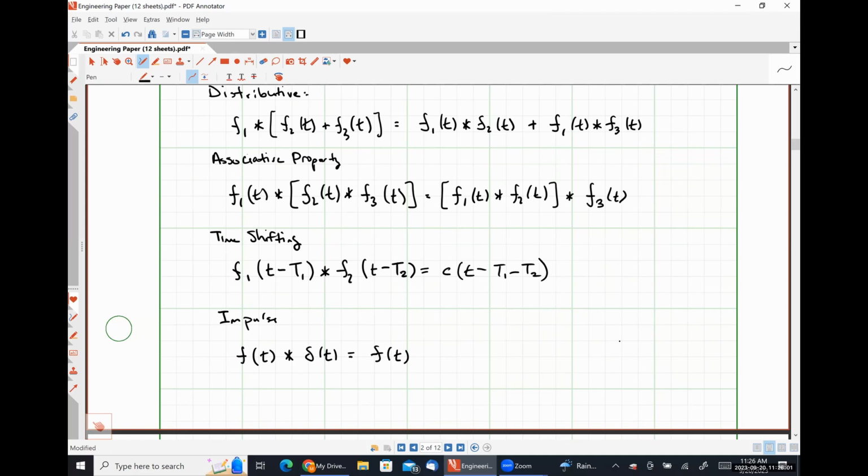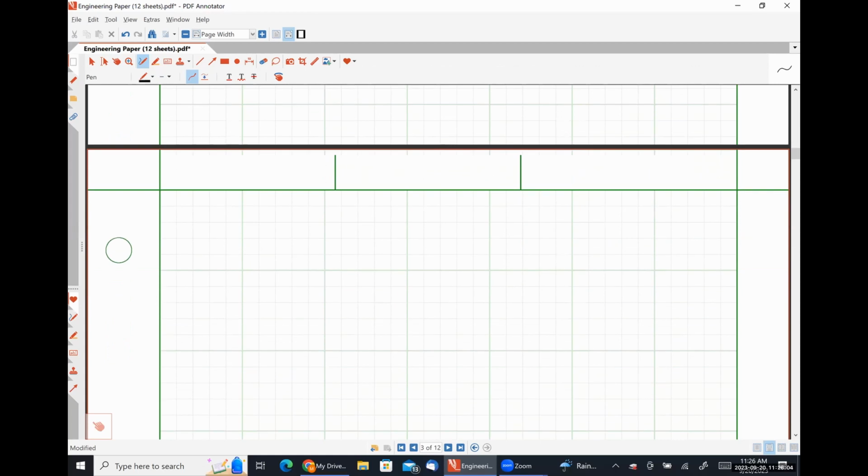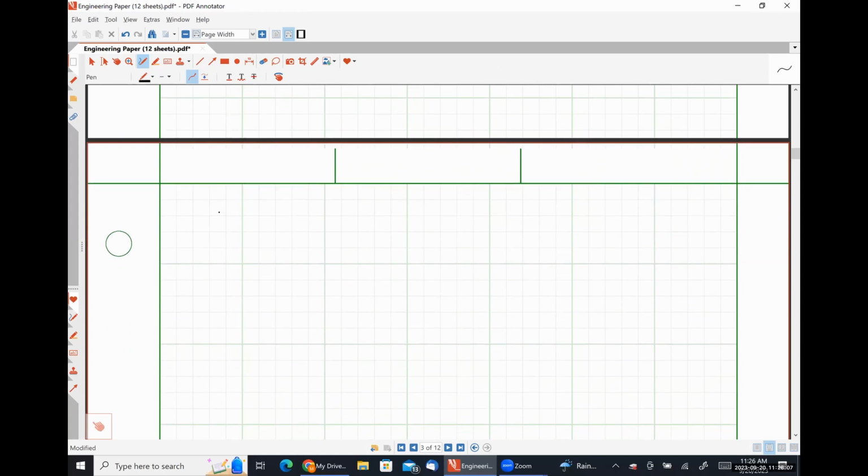So our definition for convolution is going to be x of t convolved with h of t will be the integral from 0 to t of x of tau times h of t minus tau d tau, for t greater than or equal to 0.